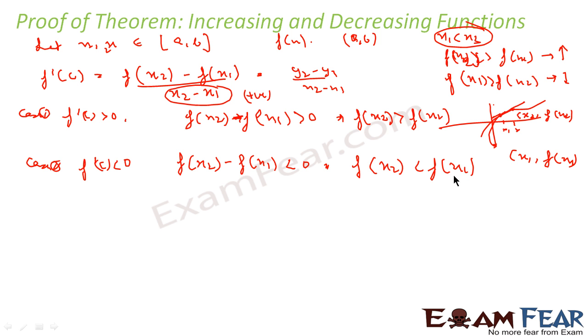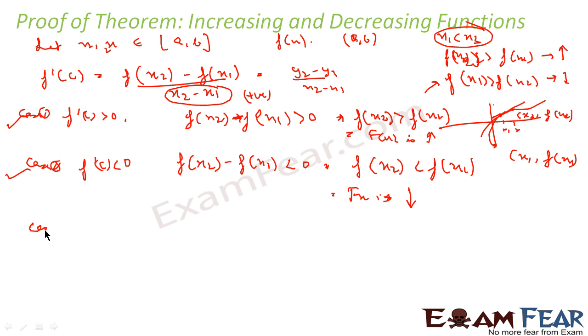So this implies function is decreasing. And here this implies function is increasing. So if f dash c is greater than 0, function is increasing. If f dash c is less than 0, function is decreasing.